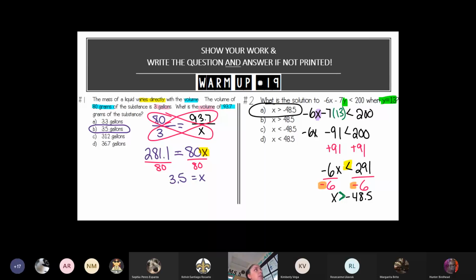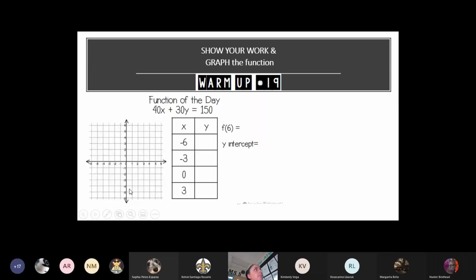Moving on to question number 3, our function of the day. This particular function would not be a lot of fun to plug in these values that we have for x. So what I would recommend doing is pulling out your GCF, your greatest common factor, which is 10. If I divide this whole function by 10, then I have 4x plus 3y is equal to 15.